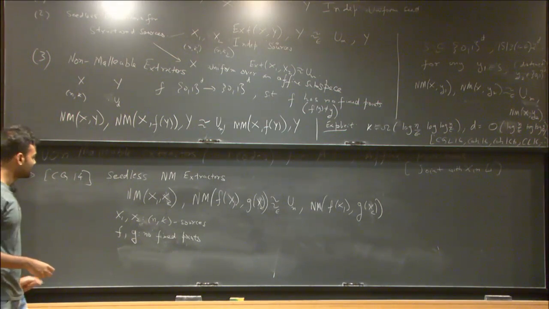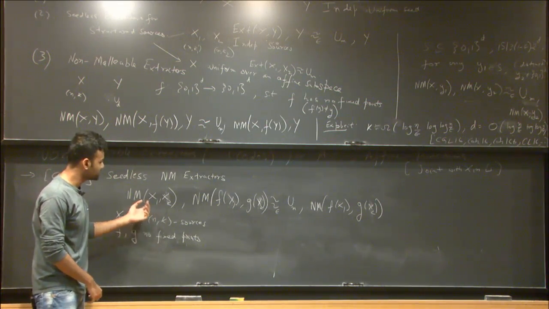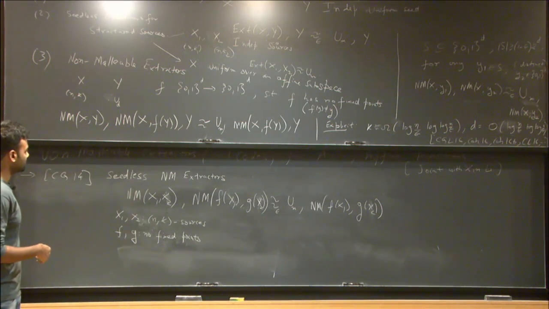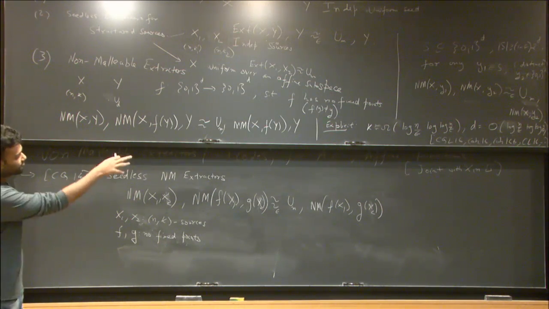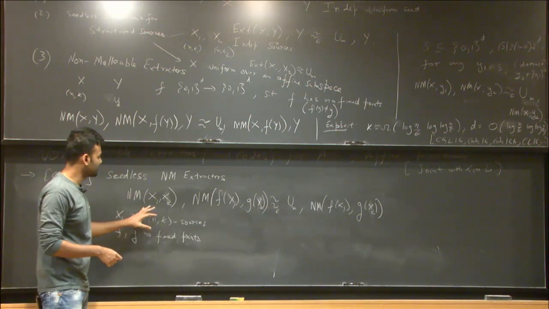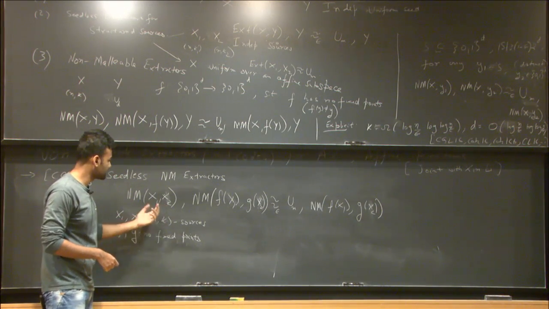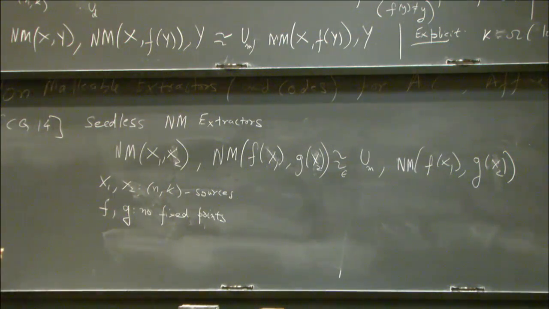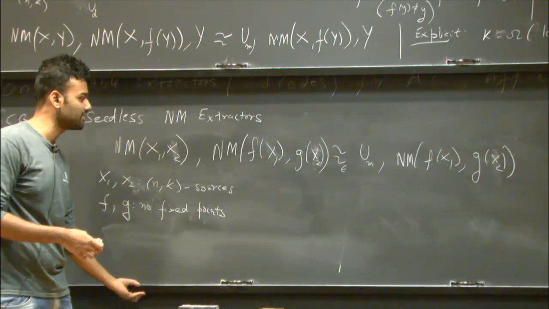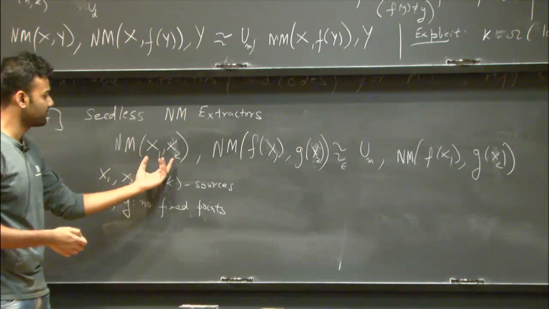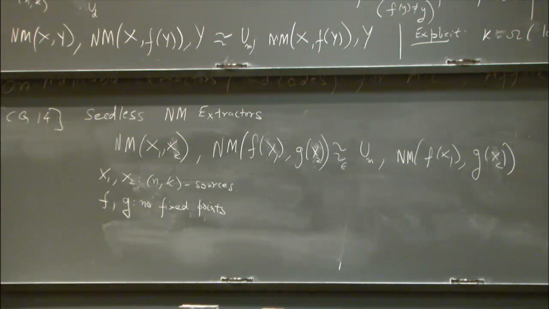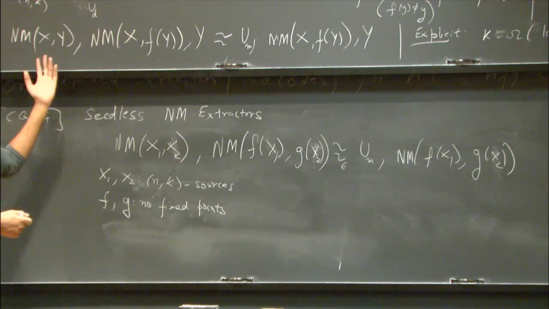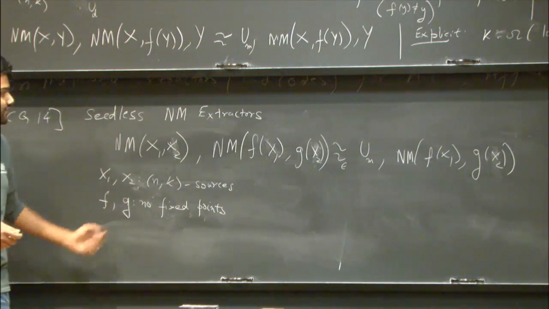It's not obvious. None of the seeded non-malleable extractors, at least before the new works, it was not clear how to construct these things even if both x1 and x2 are uniform. For example, clearly the inner product function will not work, and even the Paley graph construction, which is actually a seeded non-malleable extractor, doesn't work here.